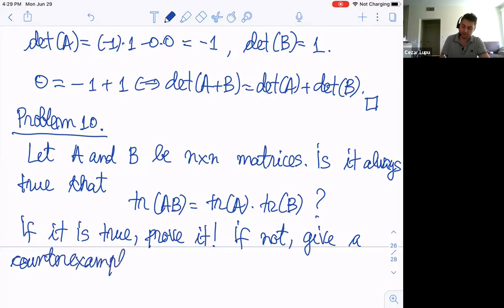So you see the phrasing, I could have asked the same thing for the previous question. When I'm asking you to prove something, like prove that this happens, you have to prove it. But if I'm asking you to show that this doesn't hold true, it's enough for you to provide a counterexample for something that doesn't hold true.